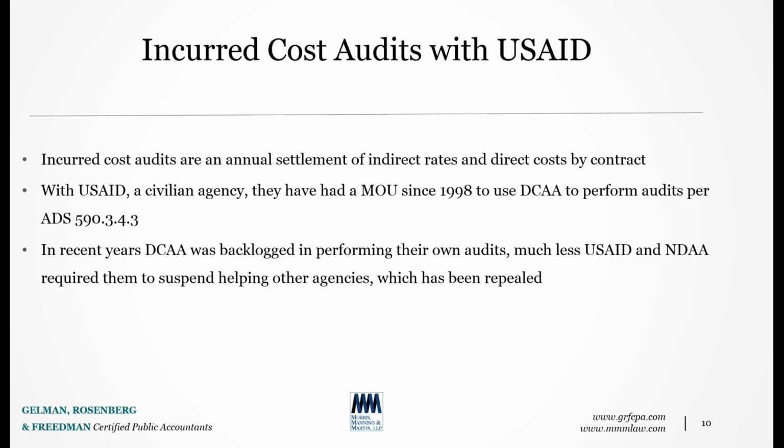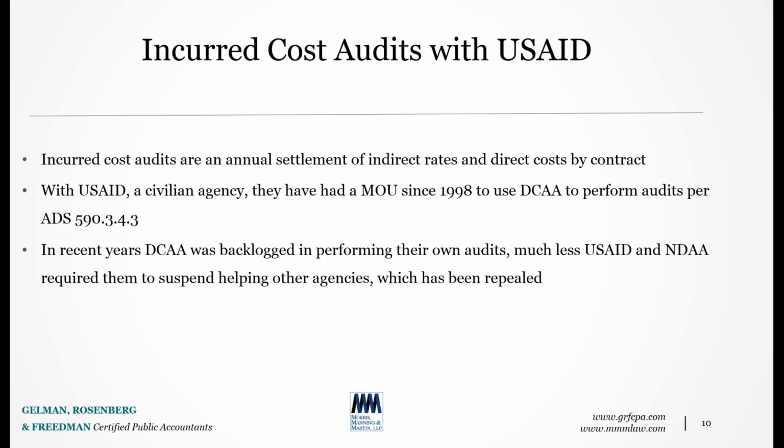One last point there is that there was an NDAA, the National Defense Authorization Act, out for a certain period of time that limited what DCAA could do in terms of catching up. What they did was, I think for about a year or so, suspend DCAA from doing any other civilian agency audits.